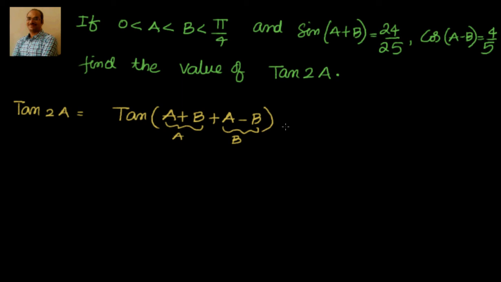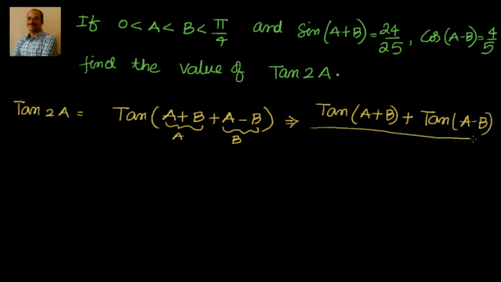It is in the form of tan of (a plus b). So this is nothing but tan of (a plus b) plus tan of (a minus b) by 1 minus tan(a plus b) tan(a minus b).